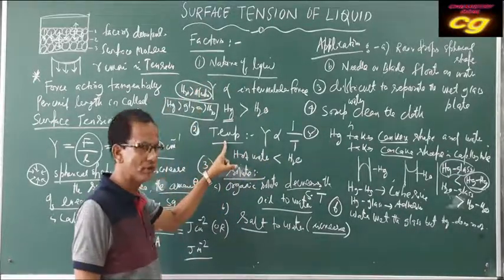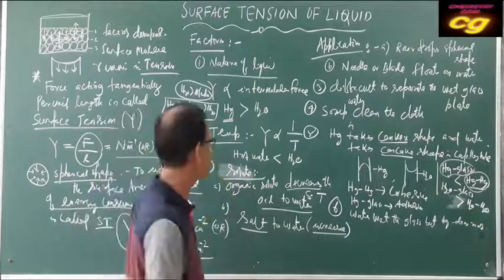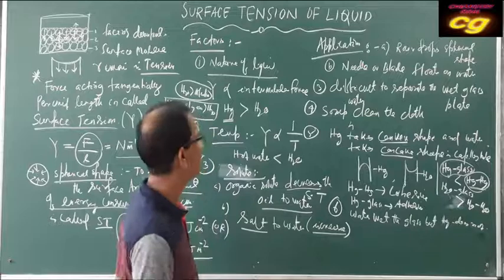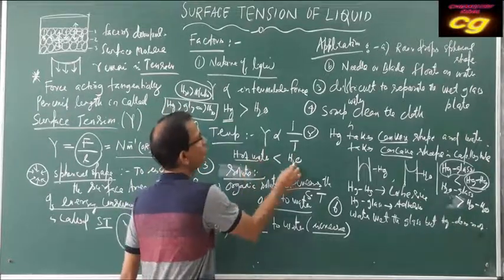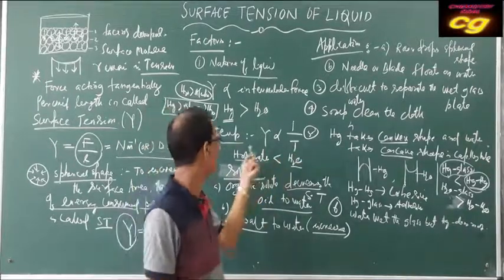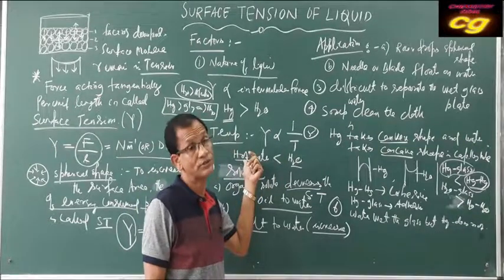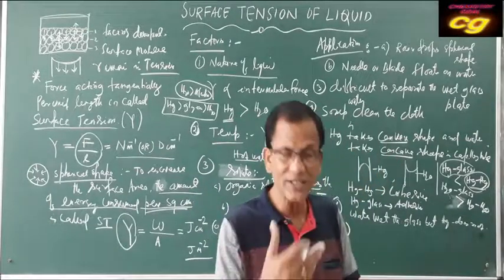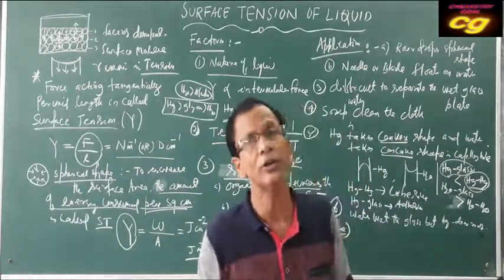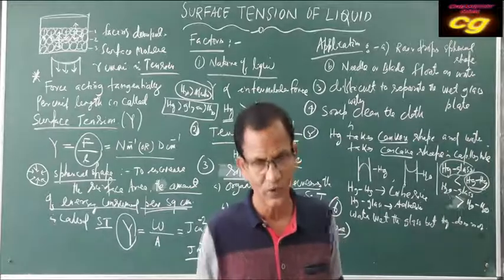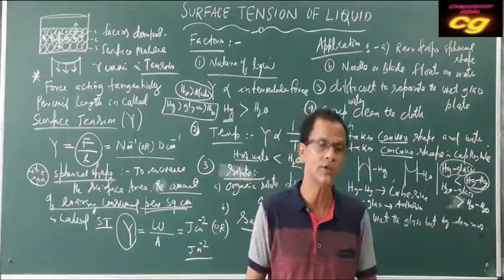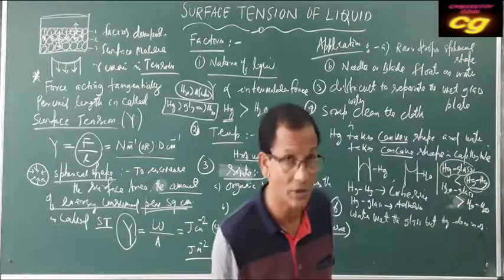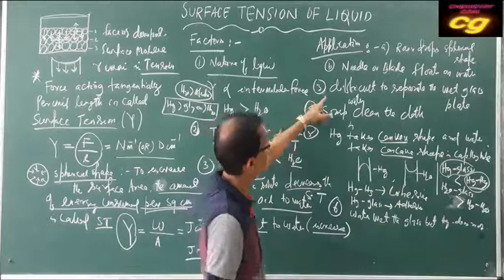Another factor is temperature. Temperature breaks the intermolecular force. That's why surface tension is inversely proportional to what? Temperature. Hot water has a lower surface tension than cold or normal water. You have seen that when you wash your cloth, if you use hot water, the cleaning will be better and faster, because when you use hot water, the surface tension decreases.